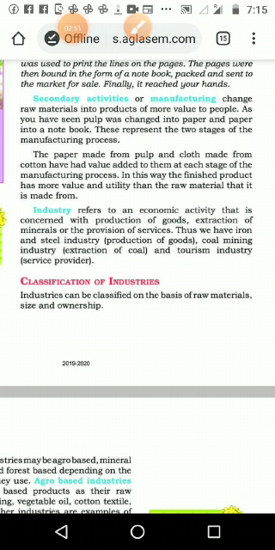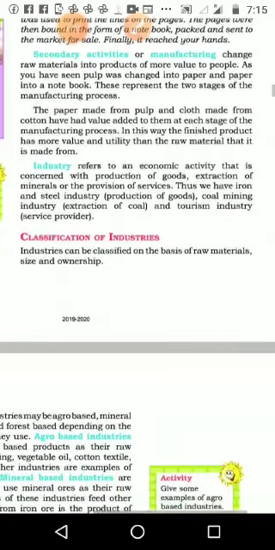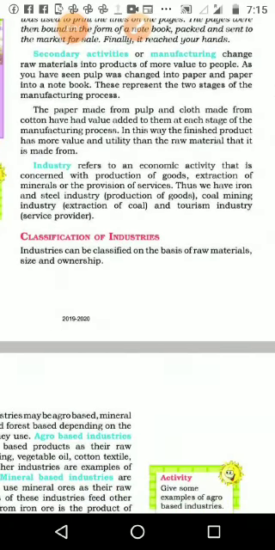Or if we send it to the matchstick factory, they will make small sticks and use them for matchsticks. Or we can use it as firewood. And sometimes, if it is a little good plant, we can use it for making a cow shed or like that, not for house purposes. Anyway, it is not good because it is a soft wood.